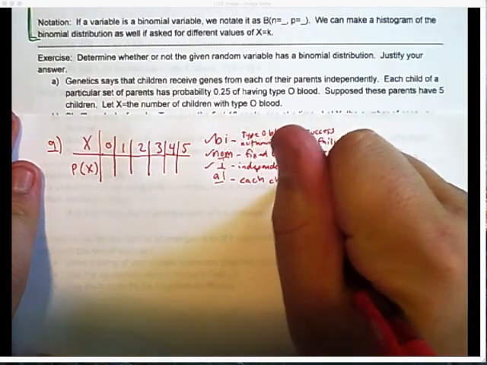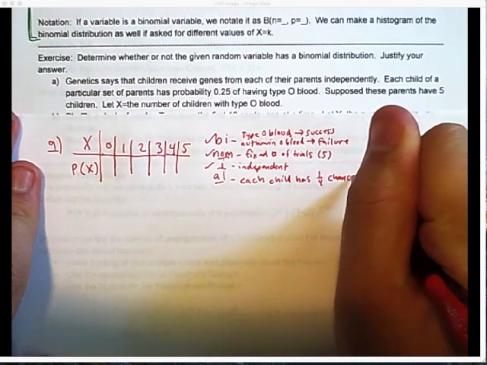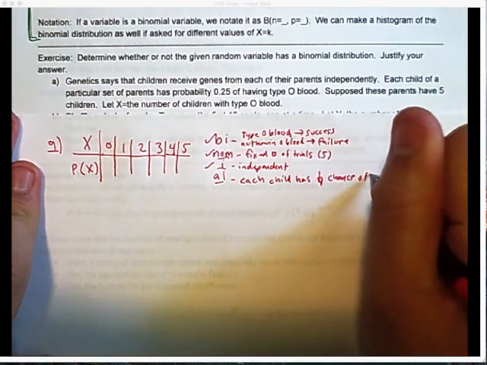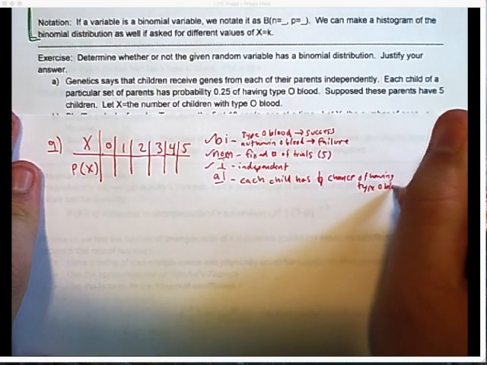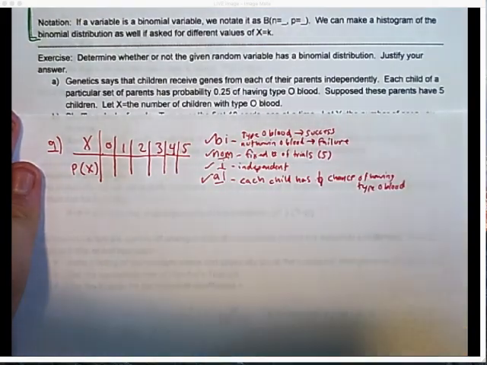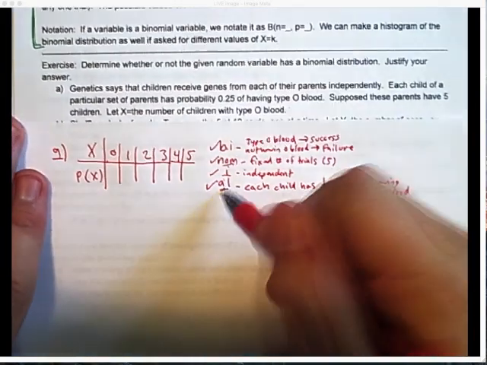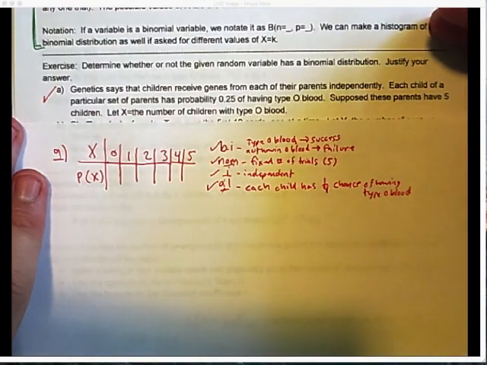It tells us in the paragraph that each child has a 1/4 chance of having type O blood, so each child has that same probability and that condition is met. All 4 conditions are met, so this will have a binomial distribution.